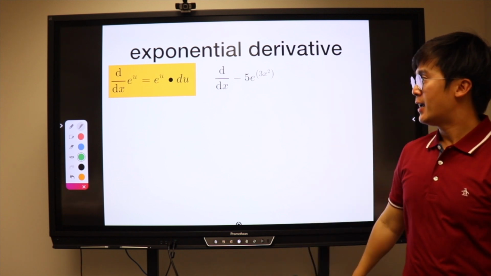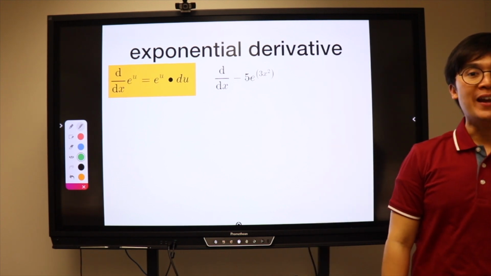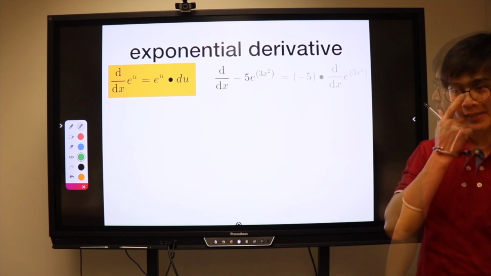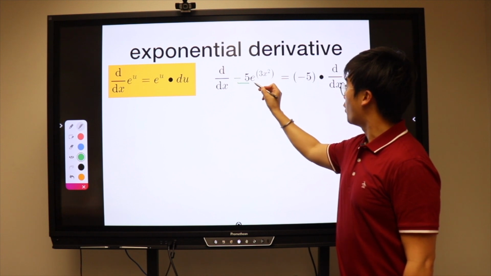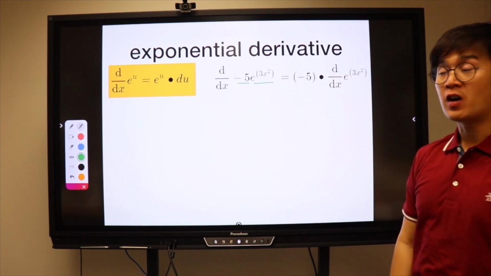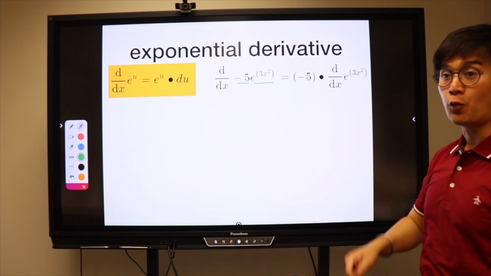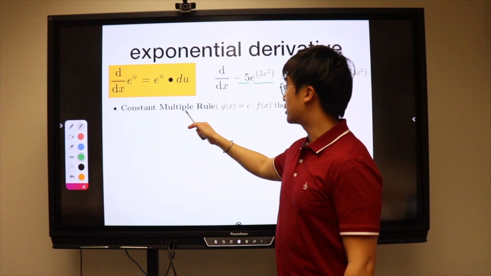Copy it first, and I'll show you a technique that you can use every time you see an expression like this. Separating the constant from the function. Your constant is negative 5 and your function is e to the 3x squared. This particular rule is what we call the constant multiple rule.